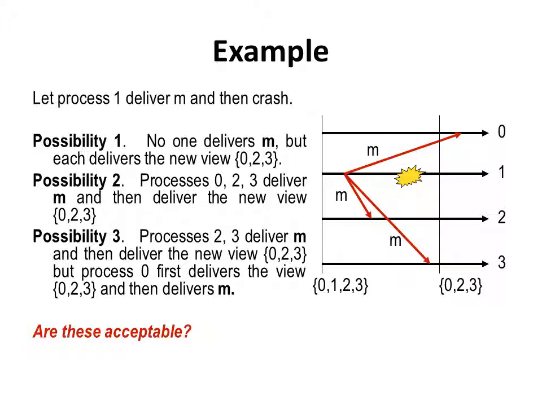So you can be given different possibilities, and you can be asked which of the possibilities are acceptable, right? So in order to answer these questions, you do need to understand the rules of the view synchronous communication, but you will not be asked to write down the rules of the view synchronous communication.